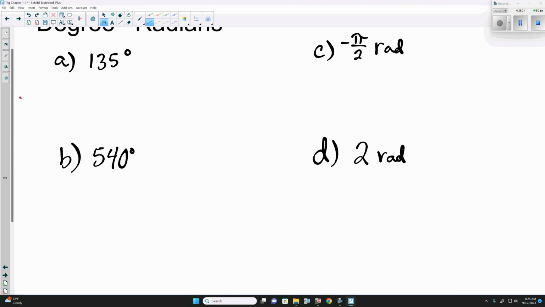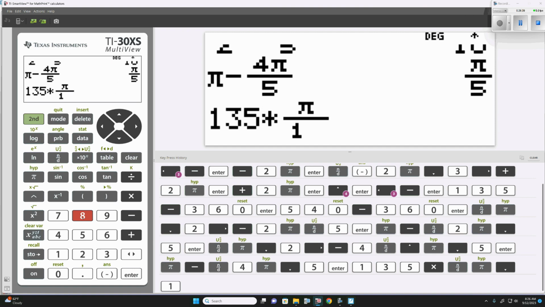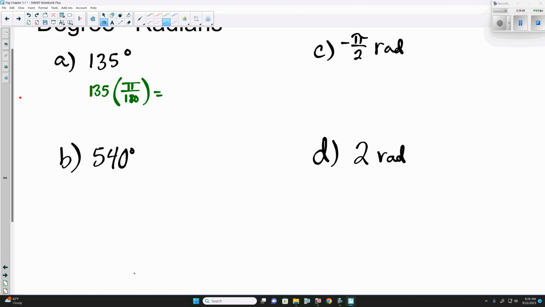So knowing that, when we look at these here, if we want to convert from 135 degrees to radians, we're going to take 135 degrees and multiply it by pi over 180. Is 3 pi over 4. Now, if we want to go from radians to degrees, we'll take our radian measure and multiply it by 180 over pi.